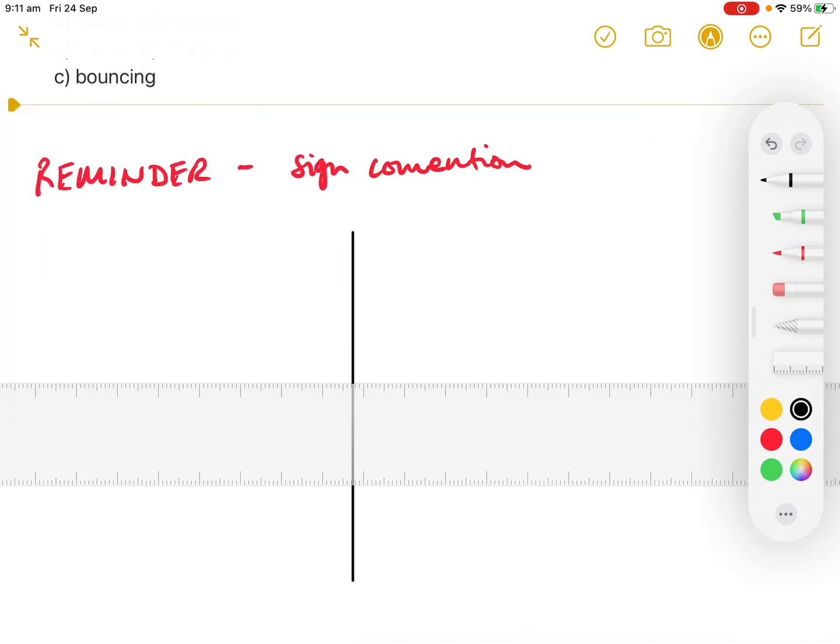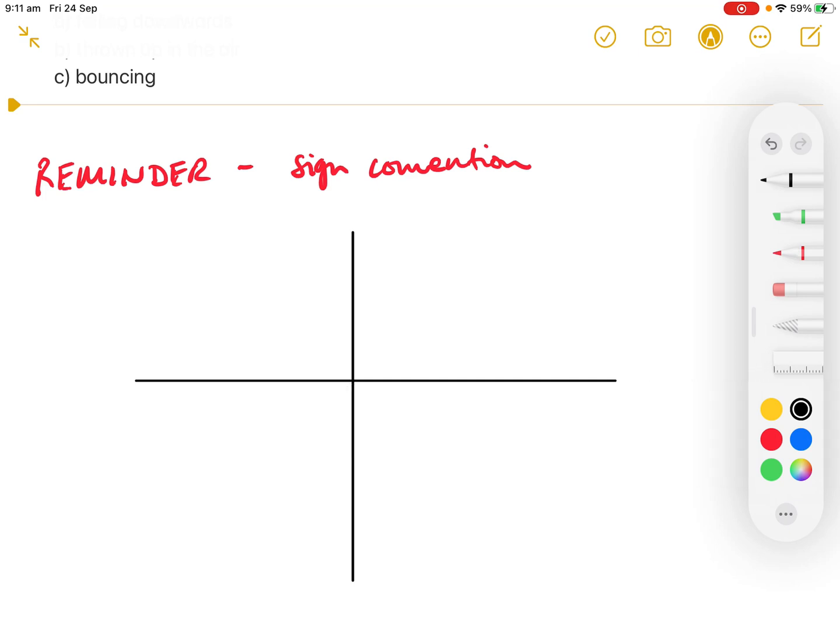The sign convention is for vectors which can change direction, and so we need to know whether they're going up or down, left or right. So the convention, of course, then is that up is positive. So if a vector, the 3 vectors we deal with, remember, are displacement, velocity, and acceleration in this context. The same would apply to force, but we're not really looking at forces in this section.